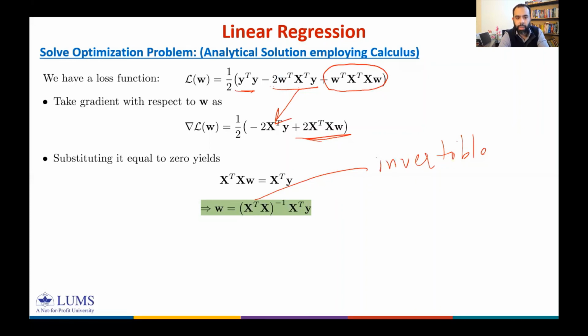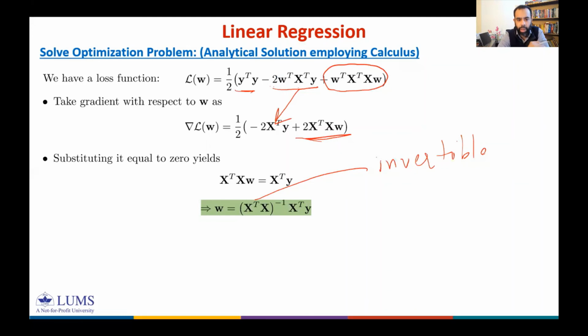So x transpose x would be d plus 1 times d plus 1, because our w is in d plus 1. So d number of coefficients, theta 1, theta 2, theta d, and you have theta naught as bias. So in total we have d plus 1 variables.